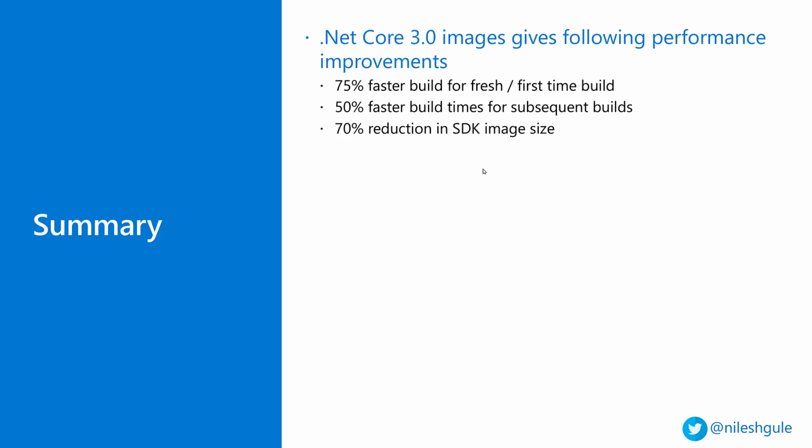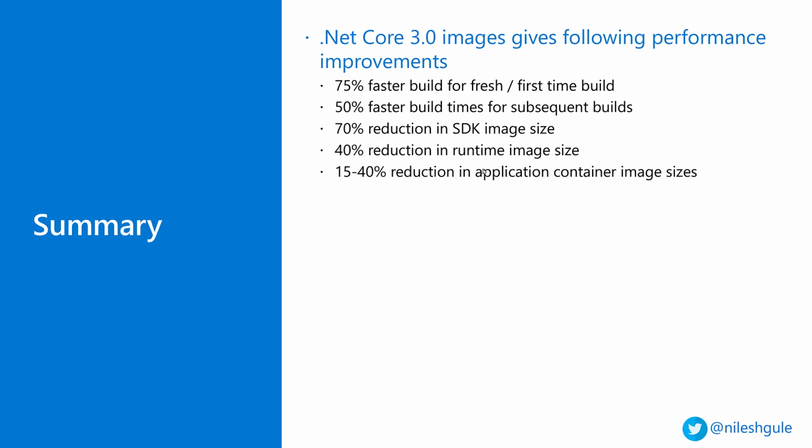Overall, there is about 70% reduction in the size of the SDK image, and the runtime image is about 40% smaller in size. And when it comes to the application containers, which are built using these runtime versions of the images to be deployed in the target environment, in my testing, I found about 15 to 40% reduction in the container sizes.